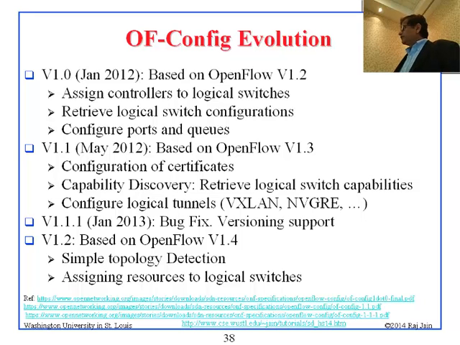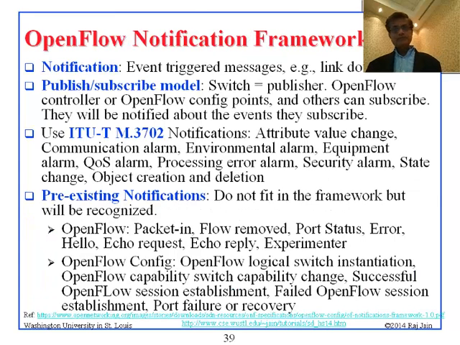So this is where virtualization started happening. So anyway, if you go to the Open Networking Forum website, you will find 4 versions of OpenFlow and at least 3 versions of OF-config. Then there is another protocol called the OpenFlow Notification Framework.